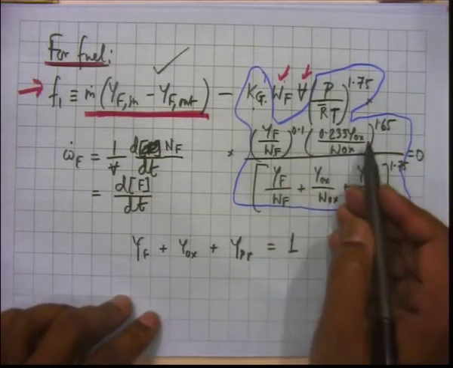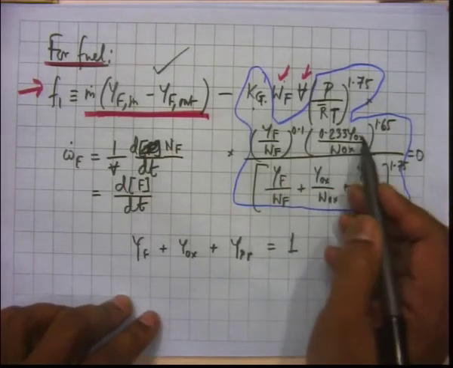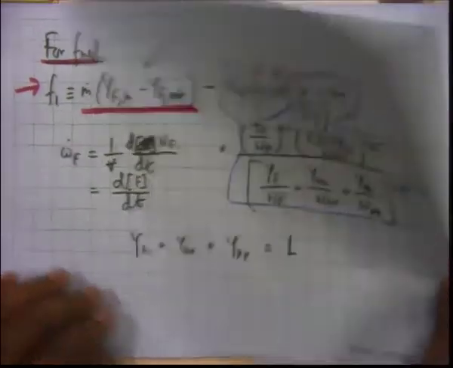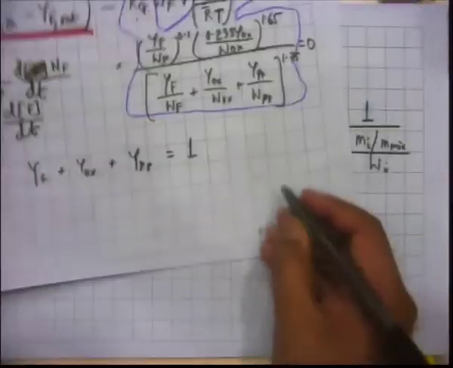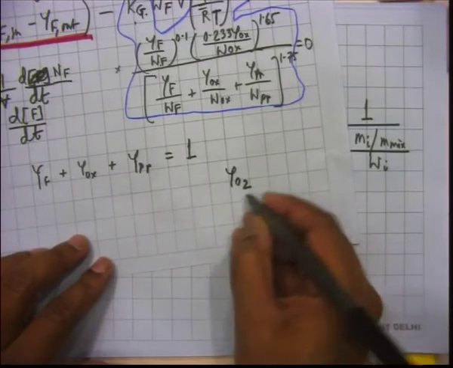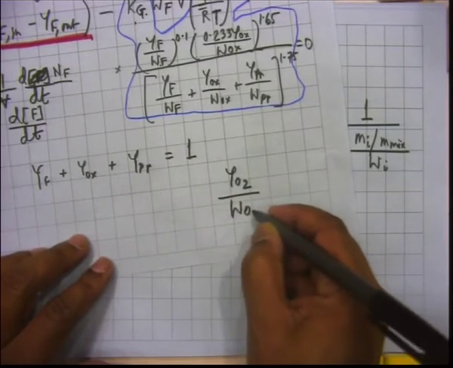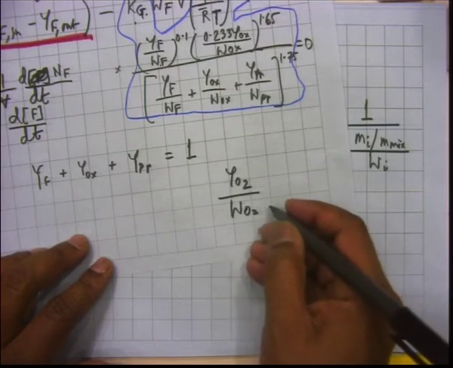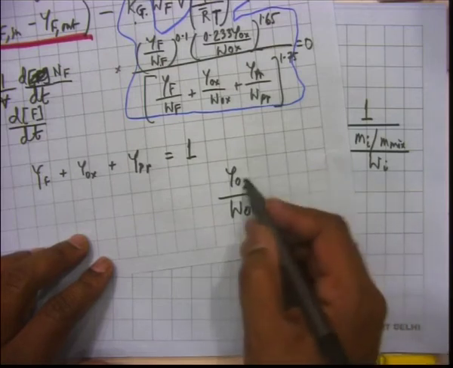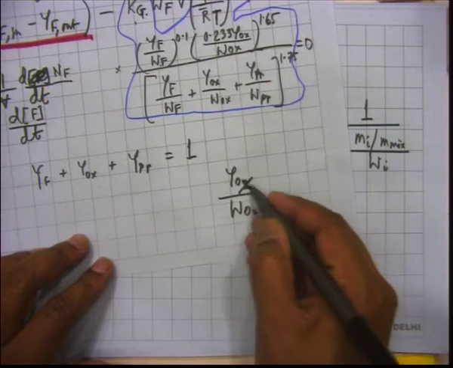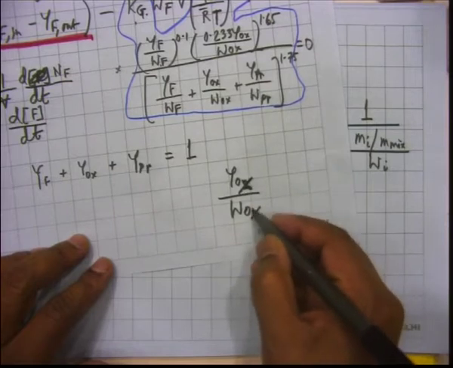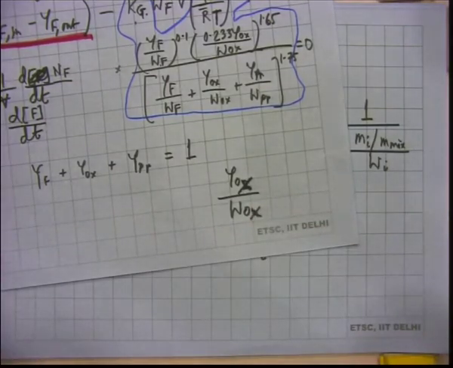Now, here you should similarly have Y O2 by W O2. But instead of that, what we are doing is we are writing Y oxidizer divided by W oxidizer.